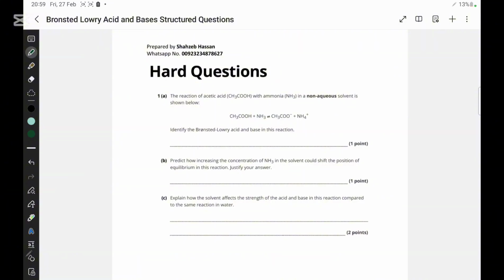The reaction of acetic acid with ammonia in a non-aqueous solvent is shown below. Identify the Bronsted Lowry acid and base in this reaction.